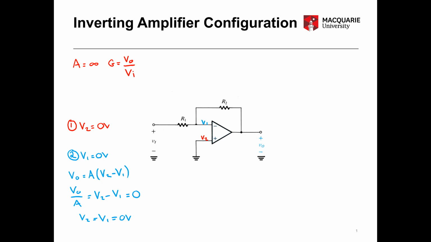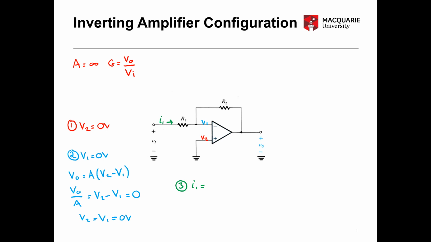For the next step, step 3, we simply work out the input current I in, or I1 here. So this is the current going into the circuit through R1. So we can calculate this by simply applying Ohm's law.